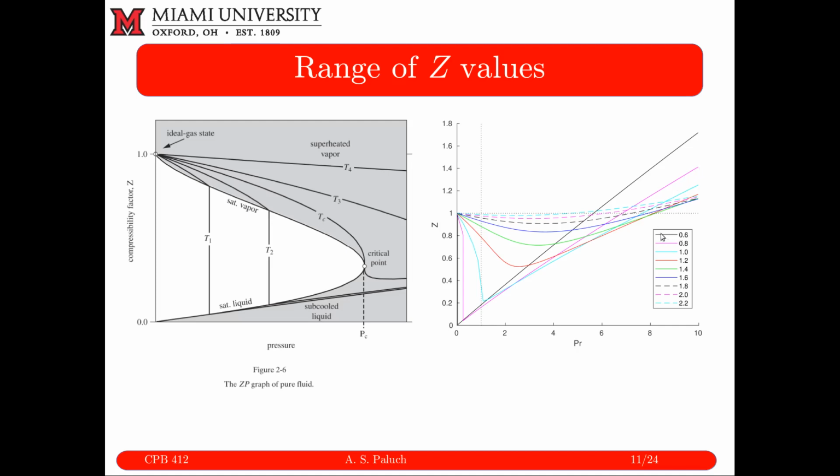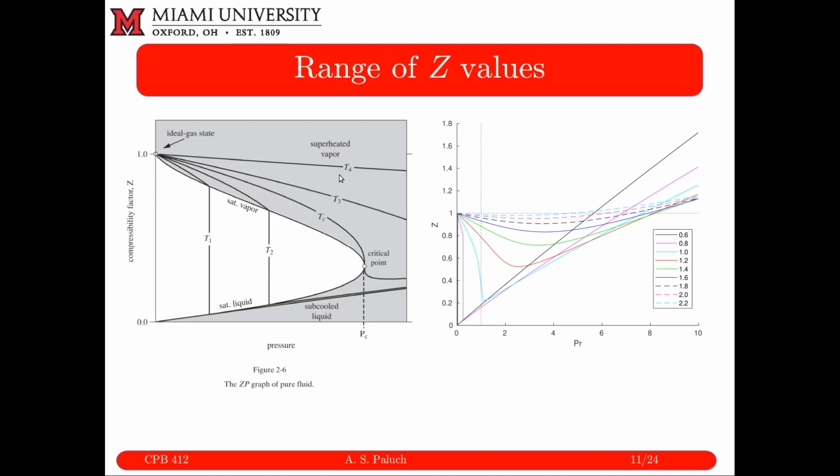This solid black line is at a reduced temperature of 0.6, so essentially it's way down here on the small scale. If I'm at a low reduced temperature and I continue to increase the pressure, eventually I end up getting compressibilities greater than 1. But I would consider these more extreme conditions. For the conditions of this class and for most processes you'll probably look at in your future, you can think of this phase diagram: around my saturation curve, my Z's are going to be bound between 0 and 1.